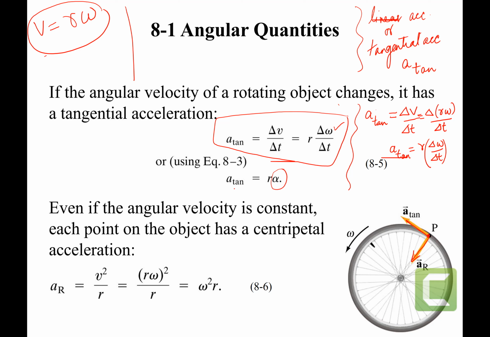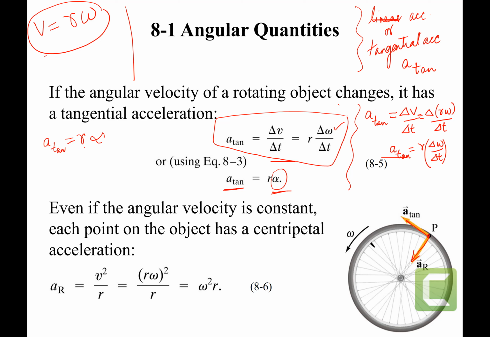So hence there is a relationship between linear acceleration and angular acceleration through R. Again, now watch this. The linear acceleration A tangential is equivalent to R into alpha. If you were listening to me carefully before, where will the tangential acceleration be greater? Towards the center or towards the rim?